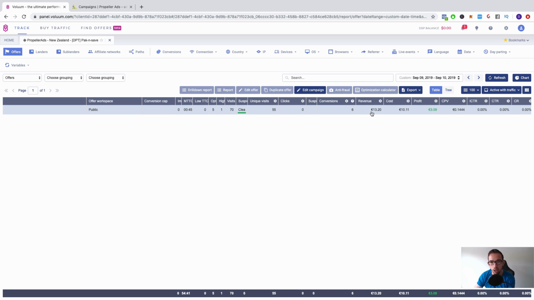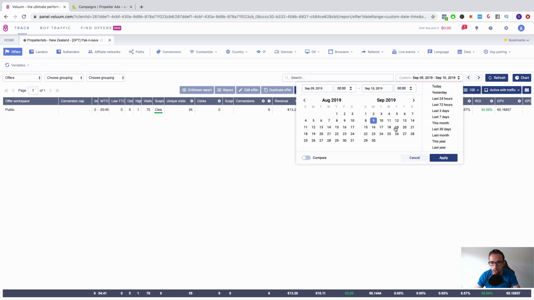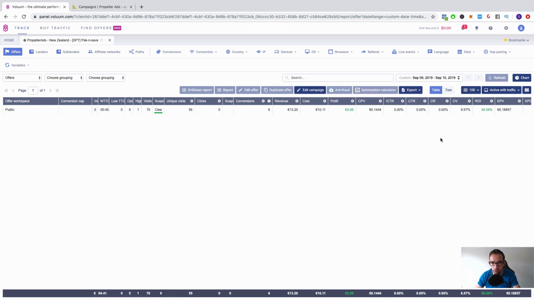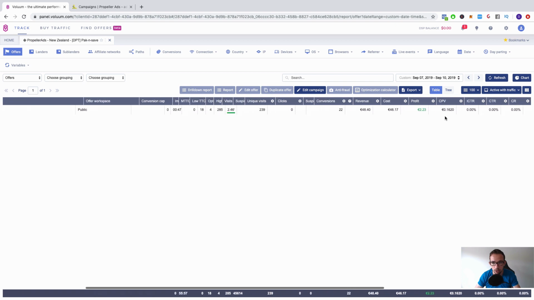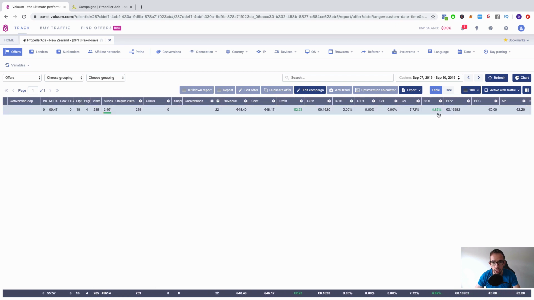However, it was profitable. 13 in revenue, 10 in spend, concluded a 30.5% ROI. You can see the conversion rate, which is conversion per view here, stays the same between 6 and 10%. So what happened these last 3 days? Did it pass the 3-day rule, yes or no, in terms of conversions? And it did. 4.8% ROI.